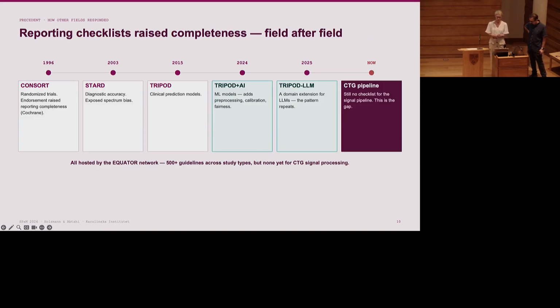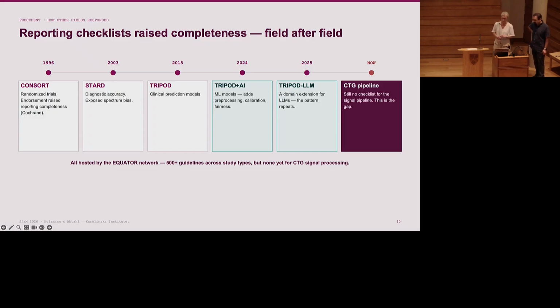For anyone who might be less familiar with reporting guidelines, this is a solved problem for many other fields. We had CONSORT already in 1996, a checklist that you should use when you report a randomized trial. After journals endorsed it, 25 out of 27 items were reported more completely, so it was very successful. In 2003, the STARD checklist came for diagnostic accuracy. In 2015, we got TRIPOD for clinical prediction models.